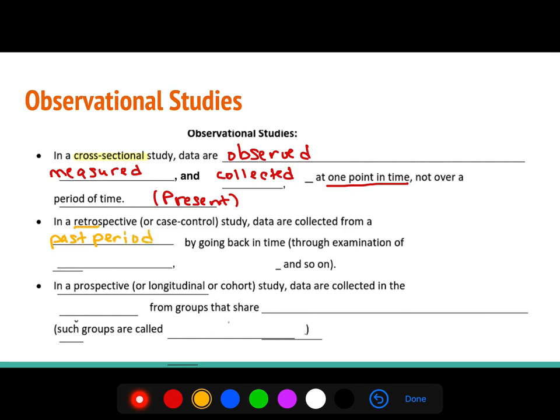In a retrospective study, data is collected from a past period, like going back in time through examination of records and interviews.